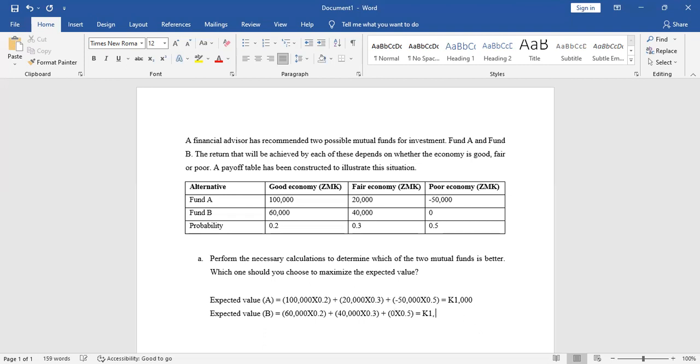So again, putting that into the calculator, open bracket 60,000 multiplied by 0.2 plus open brackets 40,000 multiplied by 0.3. I have 24,000, because the 0 multiplied by 0.5 gives me 0. So I have 24,000 here.